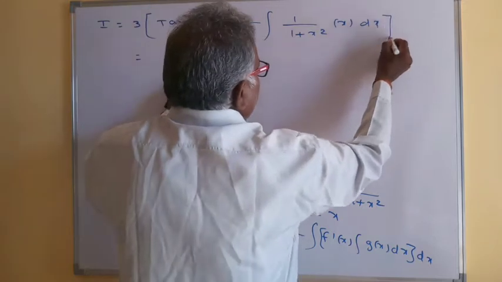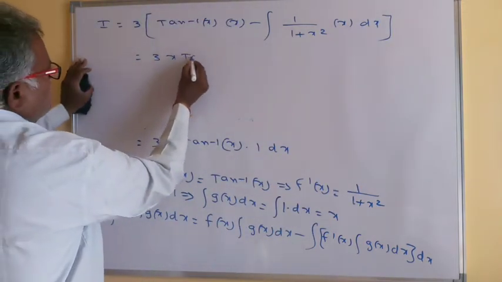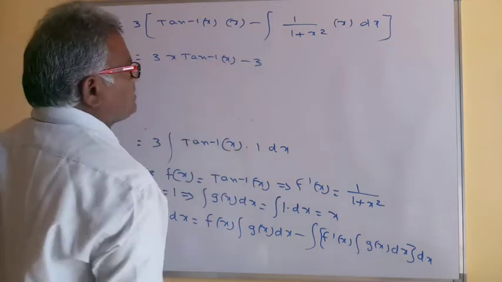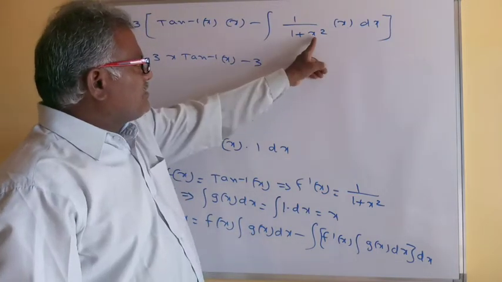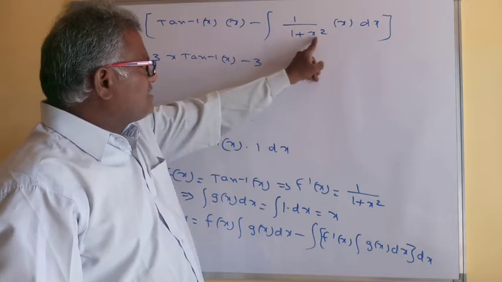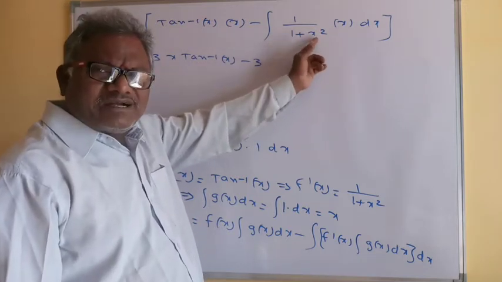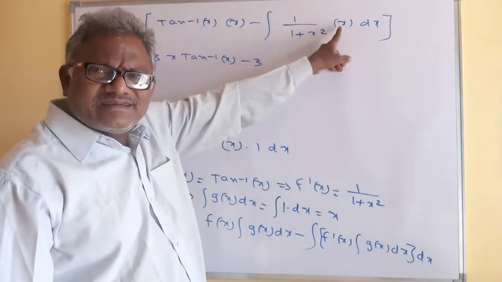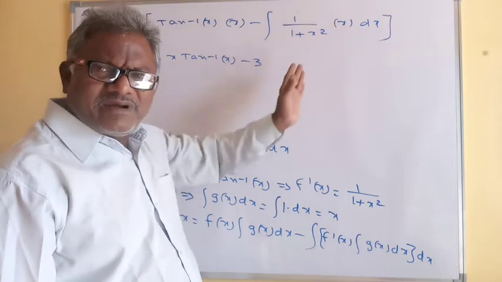So here, multiplying by 3, we get 3x tan inverse x minus 3 into, if you observe keenly, the derivative of the denominator is 2x, but in the numerator only x is there. So to obtain the same, you have to multiply and divide by 2.